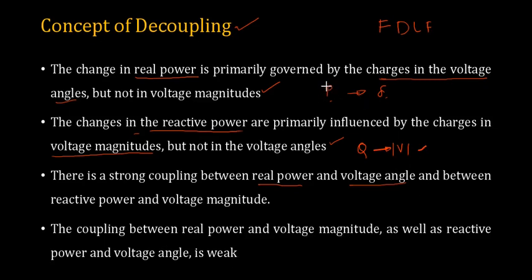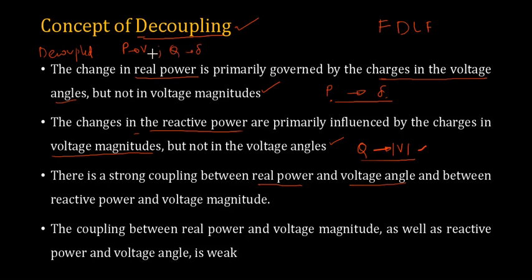So there is a strong relationship between P and delta, and between Q and V. In other words, these two are coupled together. And what is the concept of decoupling? Once we say that P and delta are coupled and Q and V are coupled, we can also say that P and V are decoupled. At the same time, Q and delta are decoupled.